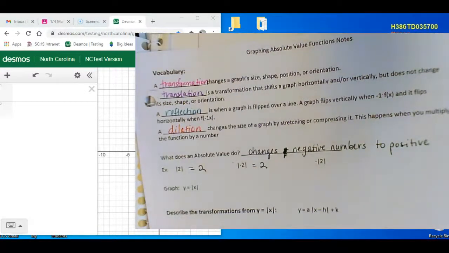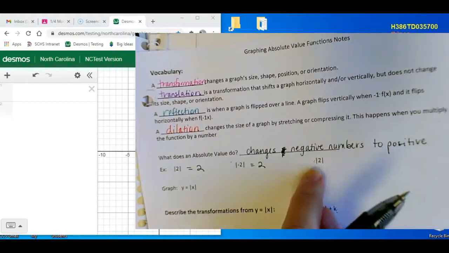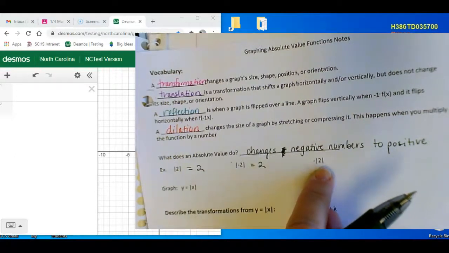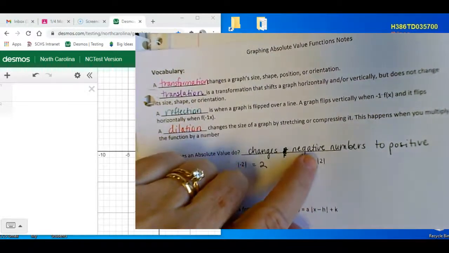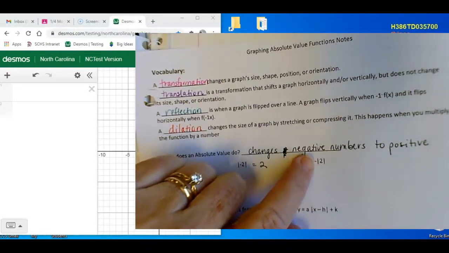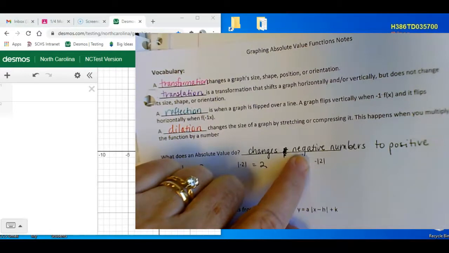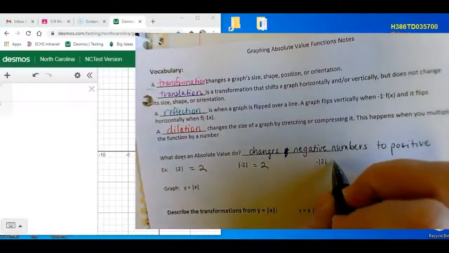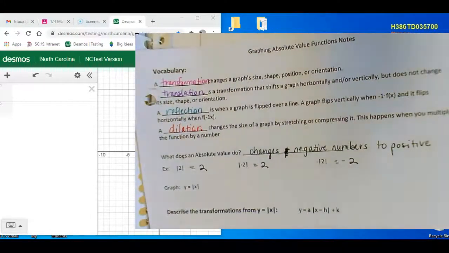And then the last one, I want the negative absolute value of 2. So what you do there, the absolute value of 2 is just 2. And then the negative's on the outside of it, so you just put a negative on the outside of it. That's not really part of the lesson, but I just wanted to talk about it so that you understood what absolute value was before we started doing a bunch of stuff with absolute value.